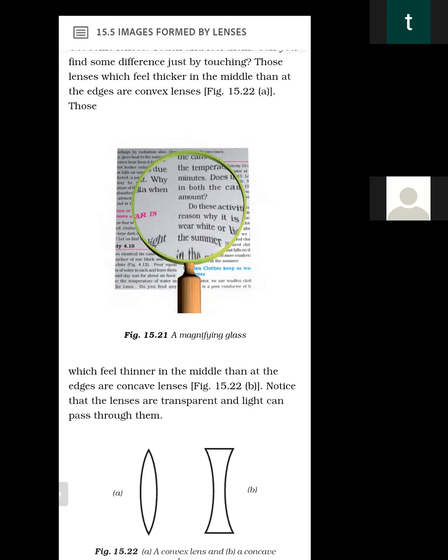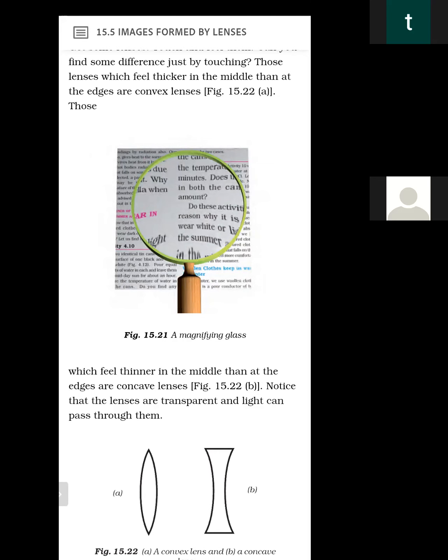So you can draw figure 15.22A, convex lens. Second, those lenses which feel thinner in the middle than at the edges are called concave lenses. Figure 15.22B is a diagram of a concave lens.